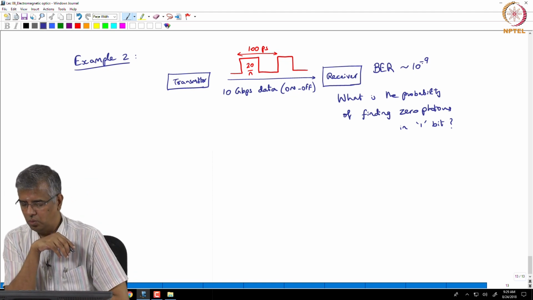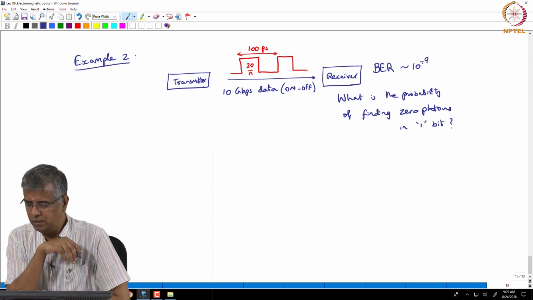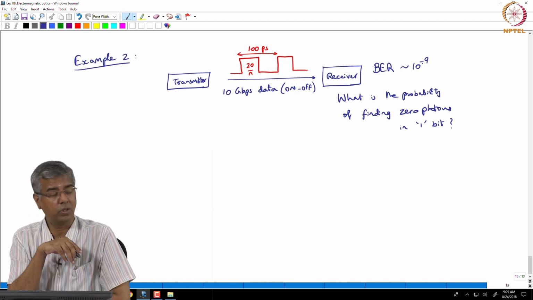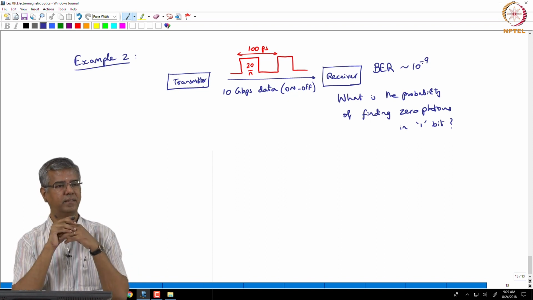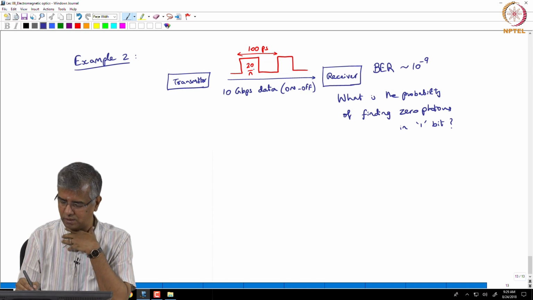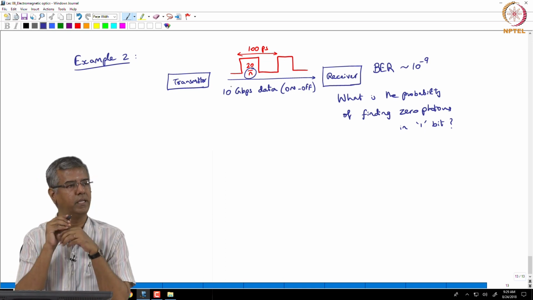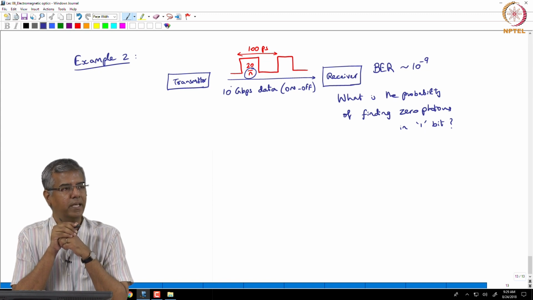So, we are trying to achieve that, and to achieve that you need to understand what is the probability of finding 0 photons in a 1 bit. So, it is given that you are transmitting a mean number. So, the key point is this n bar is actually a mean number of photons of 20.